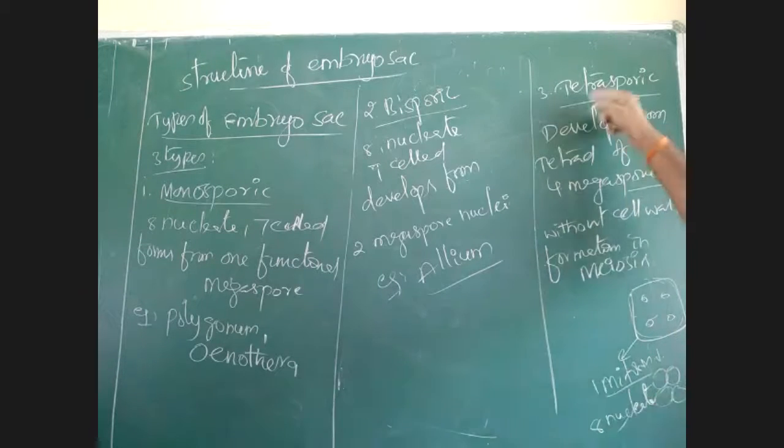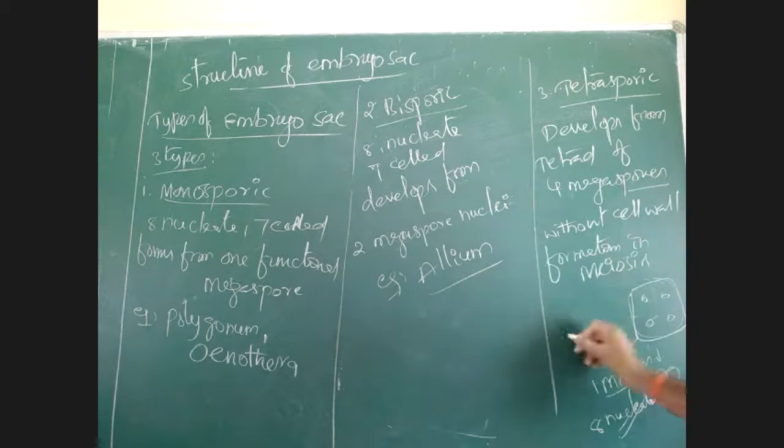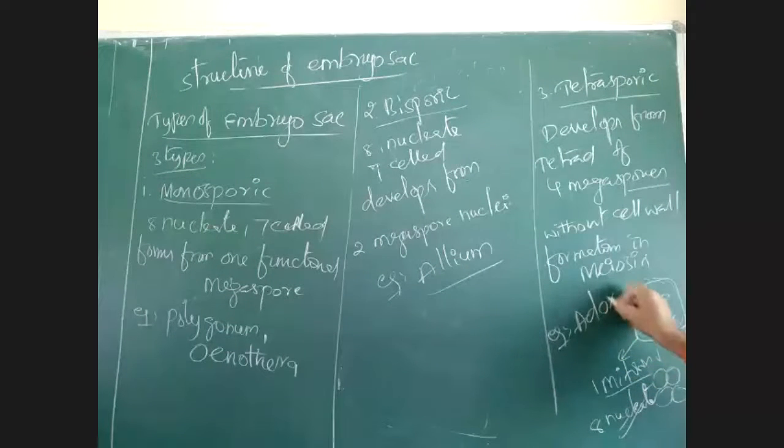This is called tetrasporic, a 4 spore condition. Each nucleus is equivalent to 1 megaspore. This tetrasporic embryo sac we can observe in a plant called Adoxa.